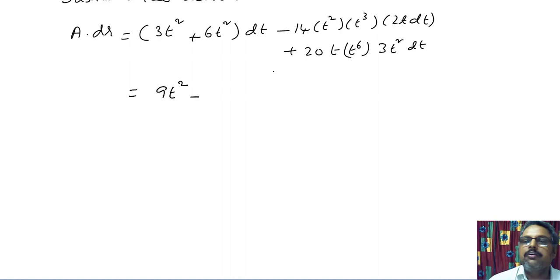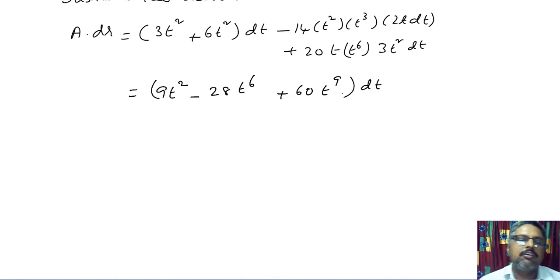Now this is A dot dr. The integral of A dot dr along the curve C equals the integral of (9t² − 28t⁶ + 60t⁹) dt.